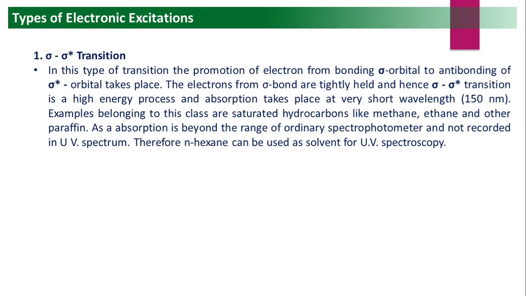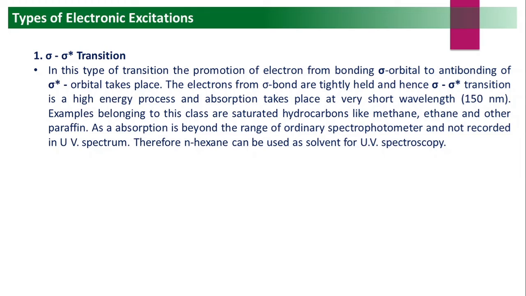First we will start with the sigma to sigma star transition, that is, sigma bonding orbital to sigma anti-bonding orbital. In this type of transition, the promotion of electrons from the bonding sigma orbital to the anti-bonding sigma star orbital takes place. The electrons in a sigma bond are tightly held, and hence the sigma to sigma star transition is a very high energy process, and absorption takes place at a very short wavelength, around 150 nanometer.